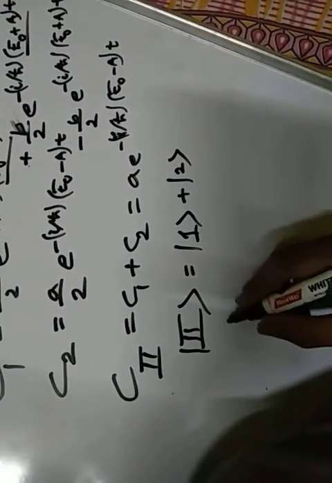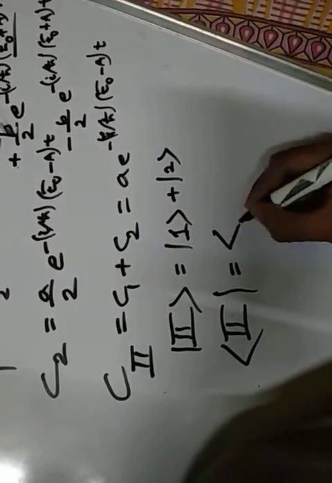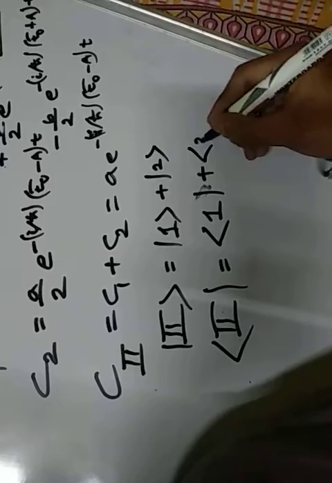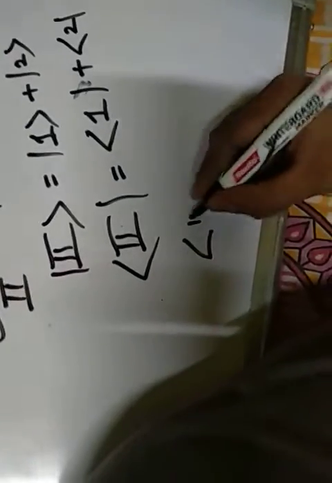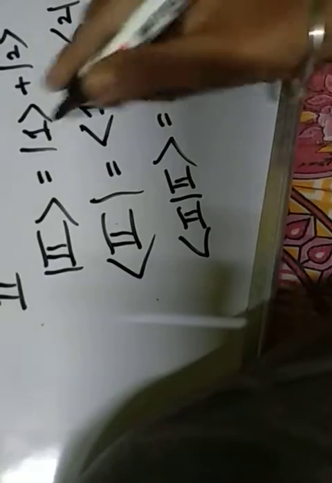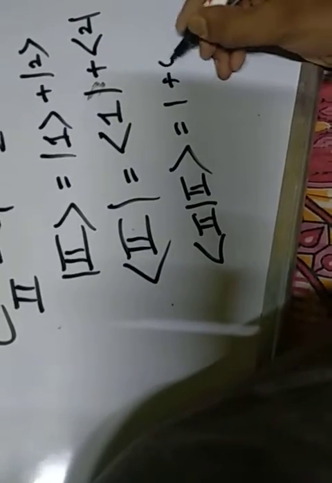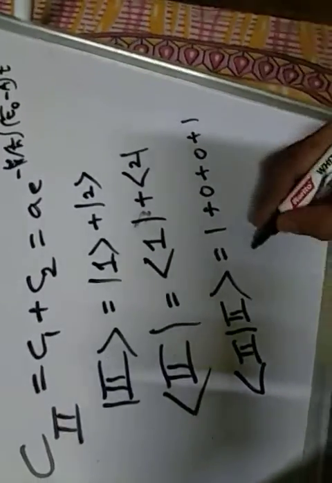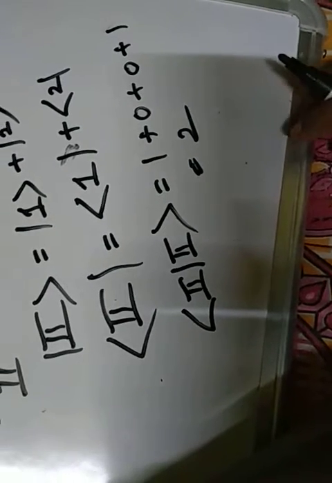So now we have the same thing. We can write in bra notation, bra 1 plus bra 2. Yes. Now if you multiply, that means this is just like a scalar multiplication. We will have 1 1, 1 2, 2 1, 2 2. 1 1 will give you 1, and 1 2 being orthogonal will give you 0. This one will give you 0, and 2 2 will give you 1, so you will get 2. So this is not legitimate for a state.